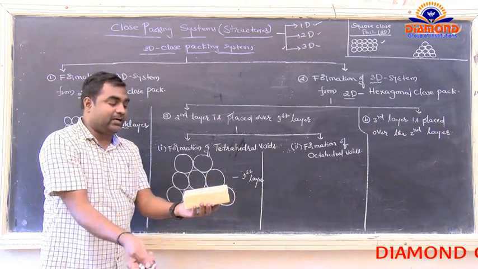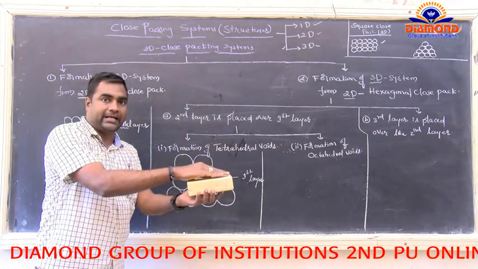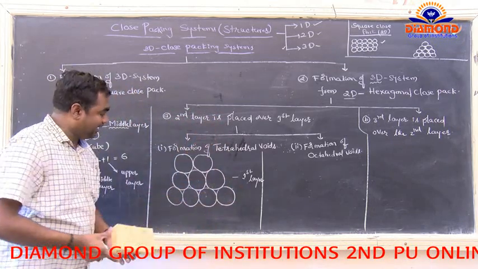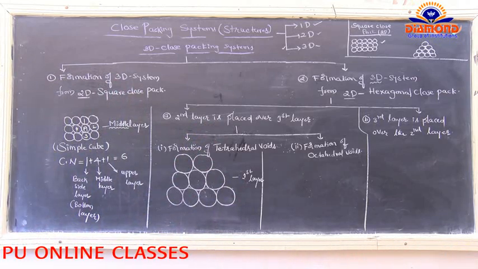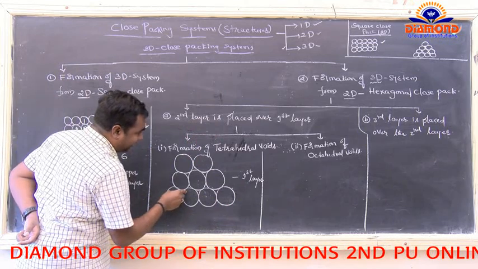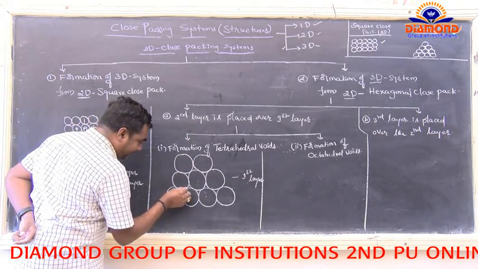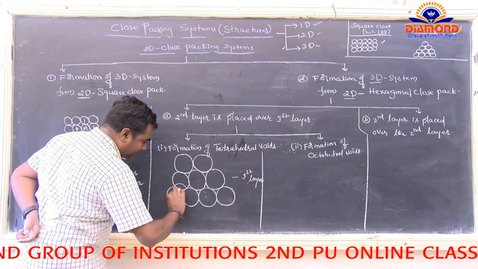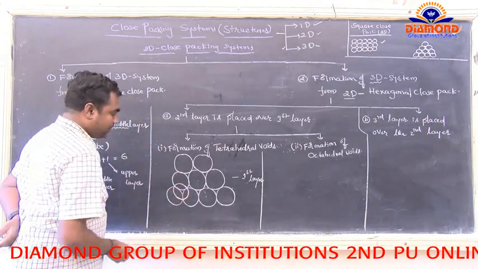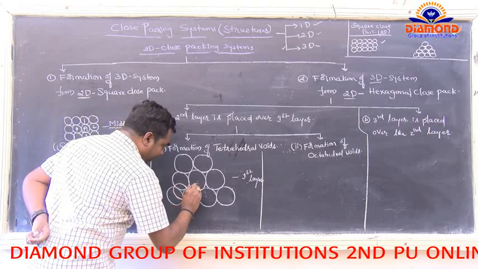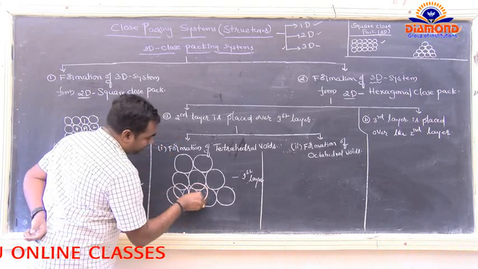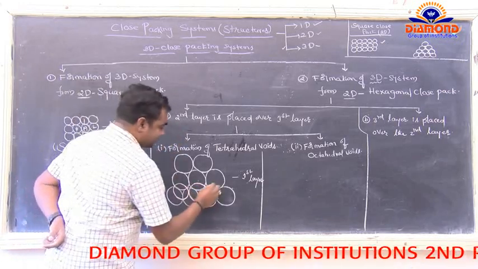Above this first layer, we have to place the second layer. So here it is the first layer. In the second layer, the atoms are arranged like this. So here we get the arrangement, and again we get the arrangement like this.